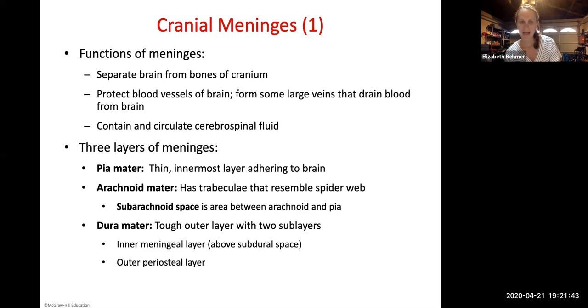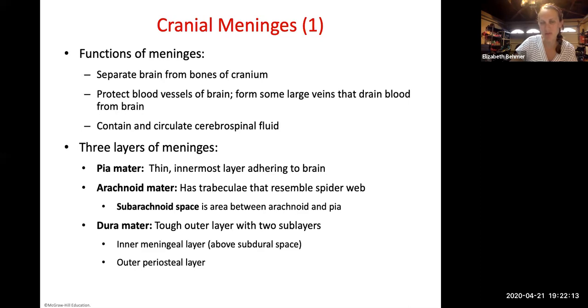So this slide kind of answers many questions on your notes. Number 1, deep to superficial, the layers go pia mater, arachnoid mater, dura mater. If I ask you on a test, what are the cranial meninge layers from superficial to deep, it would go dura mater, arachnoid mater, pia mater. Which of the cranial meninges consists of dense irregular connective tissue in 2 layers? That's the dura mater layer.